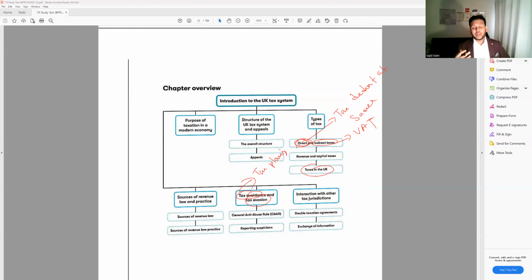Rather than you pay more tax because your income is more, because you already know if our net income is more than 100,000, our personal allowance will be reduced. For example, if someone's income is 110,000, his personal allowance will be halved. For the 10,000, he will lose another 5,000 of personal allowance.